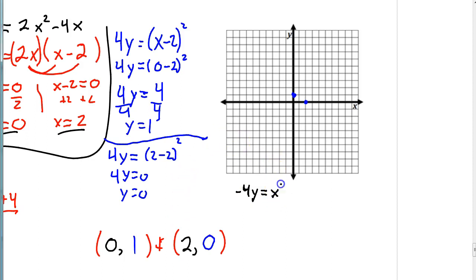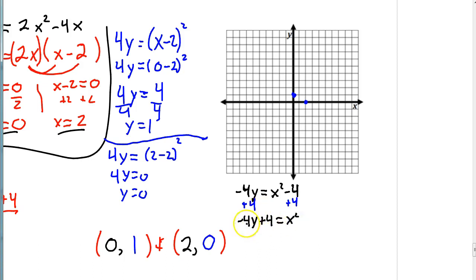There we go. And we want to get this in our standard transformation form here. So let's go ahead and move this 4 to the other side. That'll give us -4y plus 4 equals x squared.